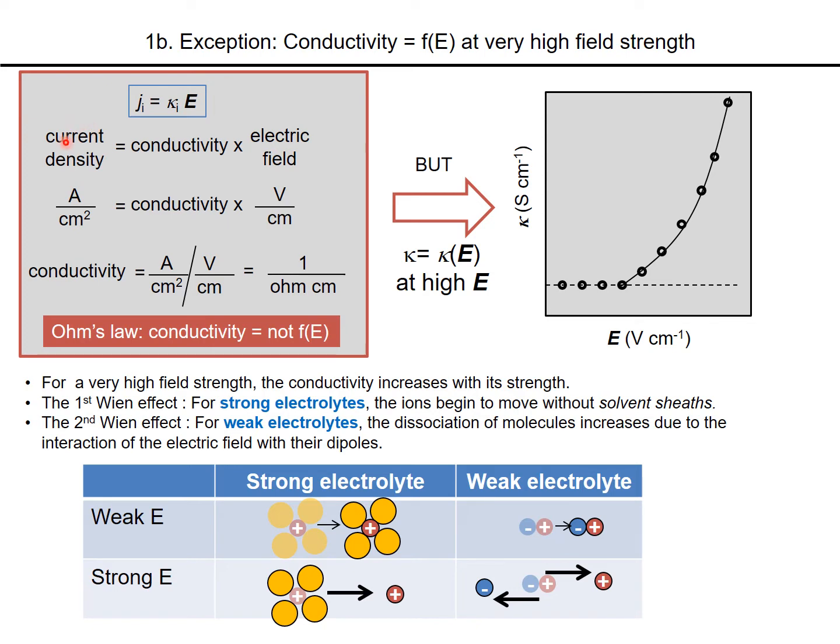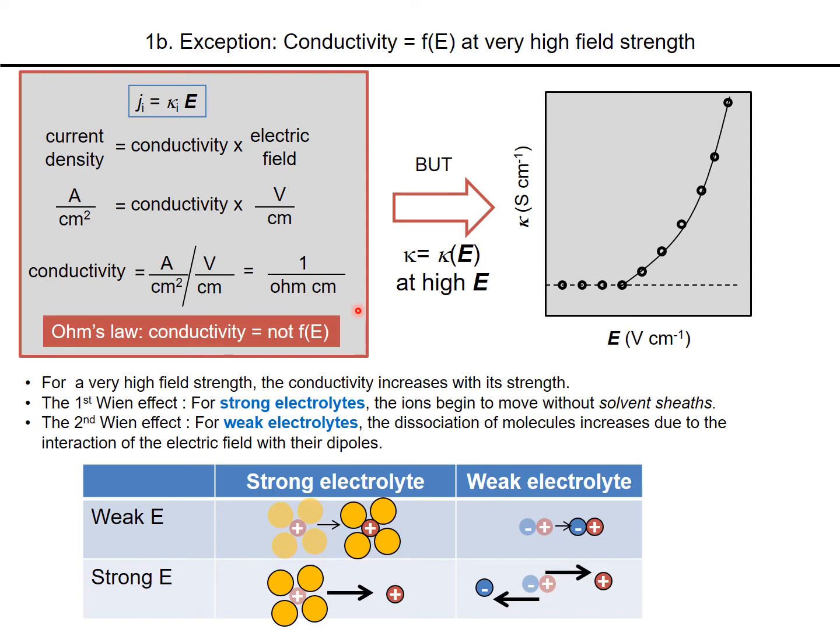Current density is ampere per centimeter square, and electric field is volt per centimeter. So the unit of conductivity is ampere per centimeter square per volt per centimeter. It means the unit of conductivity is 1 over ohm centimeter, or sometimes 1 over ohm is defined as Siemens, S. So S per centimeter, Siemens per centimeter.